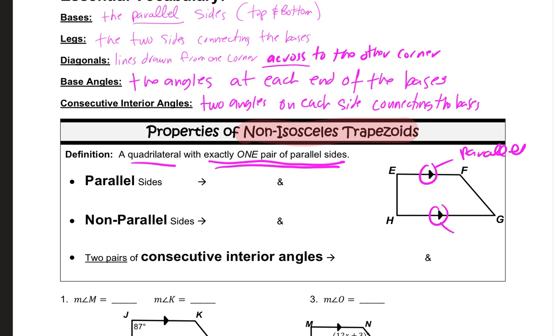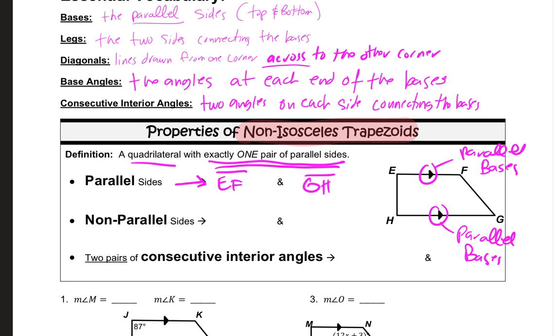These are the parallel bases, basically the top and the bottom. So the parallel sides are going to be EF and HG, or GH. Those are the two parallel sides.